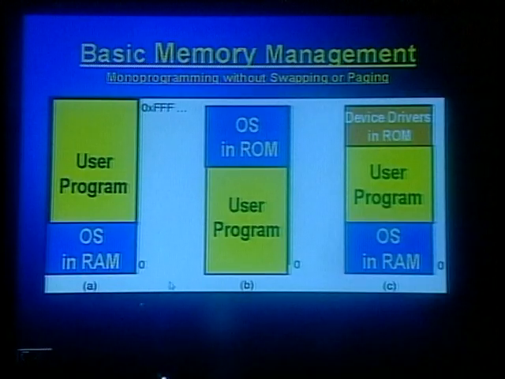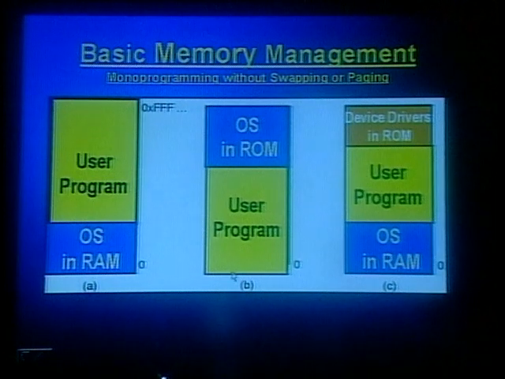Let's look at the diagram, how monoprogramming actually functions. In this diagram, we see one part of the memory is occupied by the operating system, which is in the RAM, random access memory, and the remaining complete chunk of the memory is one user program.